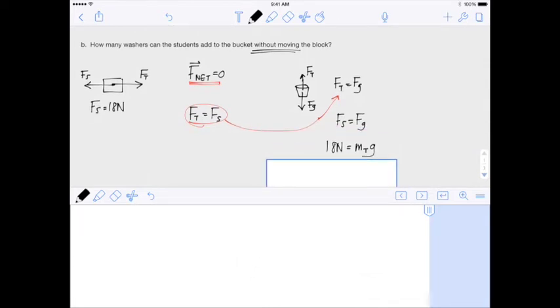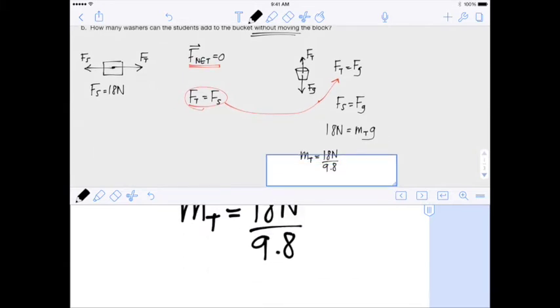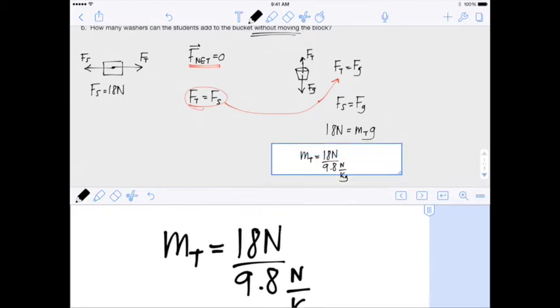So to determine the total mass of the bucket and its washers, it'll be equal to 18 newtons divided by 9.8 newtons per kilogram. If you punch this into your calculator, you end up with a value of 1.85 kilograms.